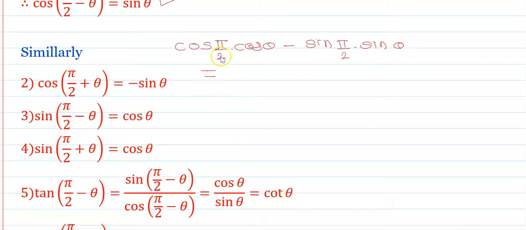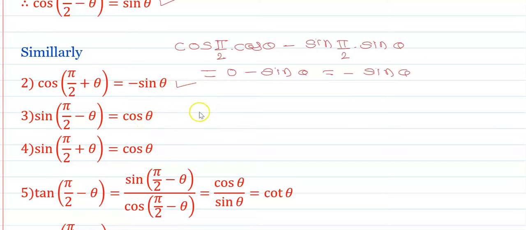Okay, cos of pi by 2 means cos 90, and cos 90 is 0. Next, sin of pi by 2 is 1. 1 into sin theta, and overall you will get here minus sin theta. And hence, cos of pi by 2 plus theta is minus sin theta.